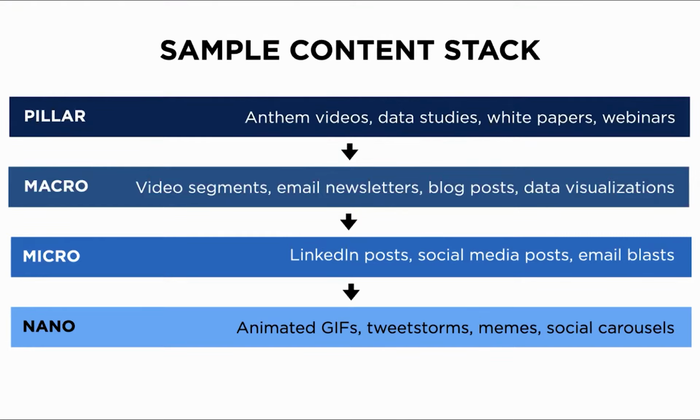The macro content becomes a video segment, a shorter video, an email newsletter, a blog post, maybe a data visualization or an infographic. Then they have micro content, like a LinkedIn post, a social media post, an email blast. Then there's nano content, which is an animated GIF, a tweet storm, a meme, a social carousel, maybe an Instagram story, or something else in a bite-sized piece.